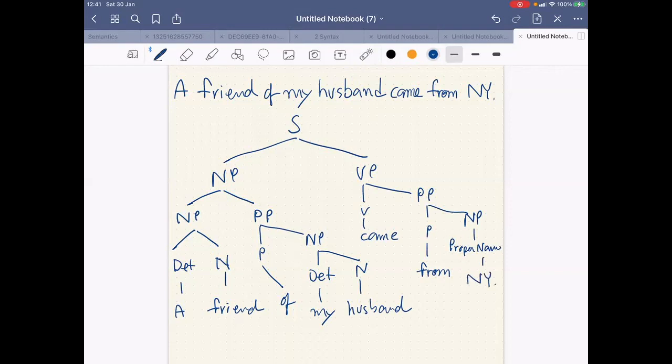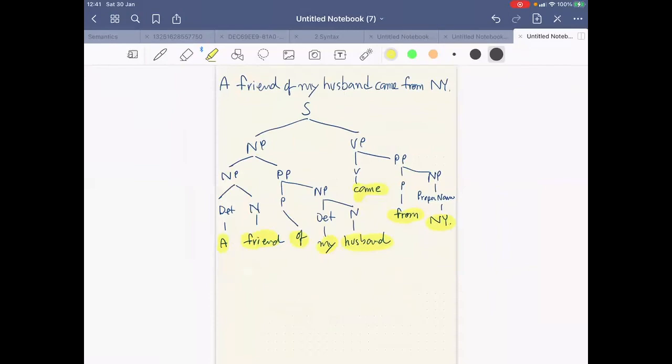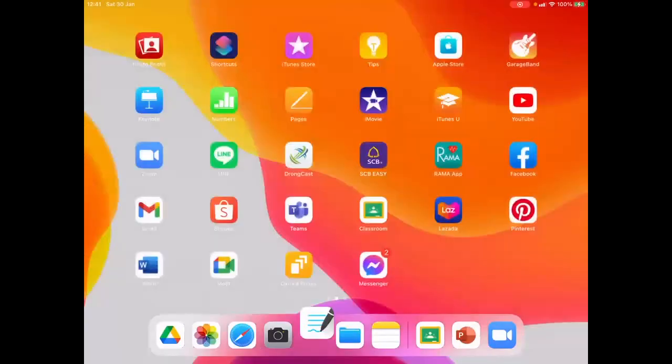So that's exactly what we want. A friend of my husband came from New York. All right, so we are done with exercise number 3. And so that's it for the diagrams.